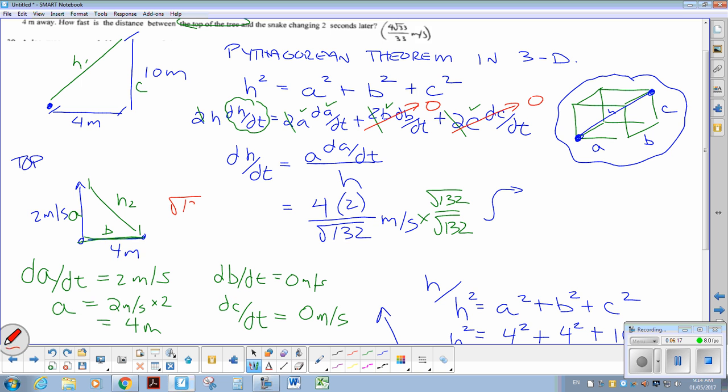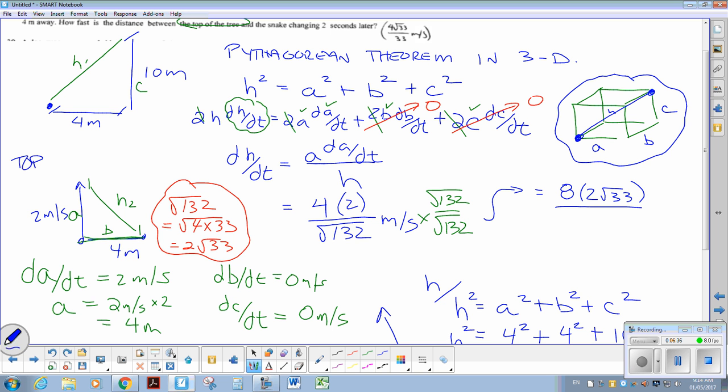Off to the side, the square root of 132 is equal to the square root of 4 times 33, which is equal to 2 root 33. So that's equal to 4 times 2 is 8, times 2 root 33 over 132, which means I have 16 root 33 over 132. That gives me a final answer of 4 root 33 over 33 meters per second.